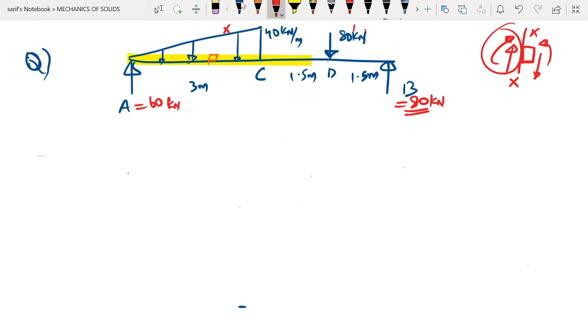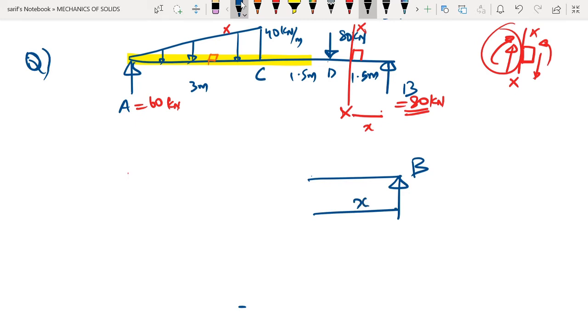Again, to consider the region DB, we will consider a section here, and this would be our x. We will draw a small element here. We will zoom it out. These will be the positive directions of shear force and bending moment. And now what we will do is we will try to draw the free body diagram. So for the region DB, we are drawing the free body diagram.